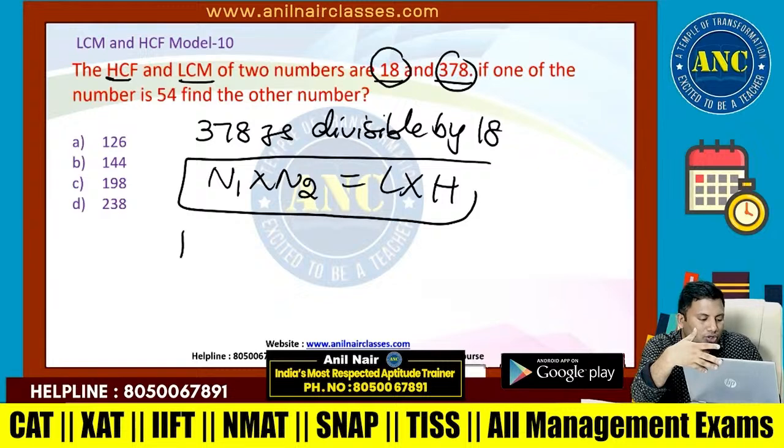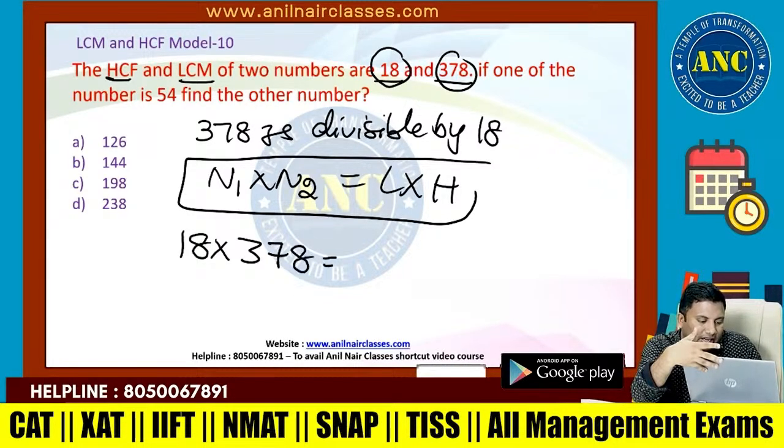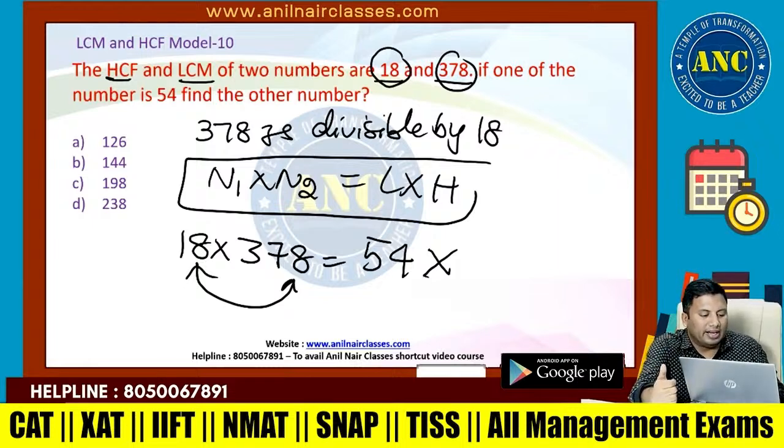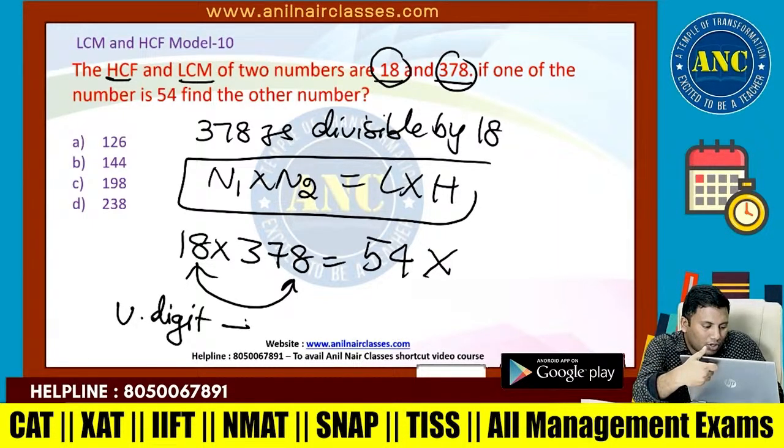You don't need to multiply anything. 18 into 378 is equivalent to one number 54, another number. 8 8s are 64. Unit digit is 4. First option.